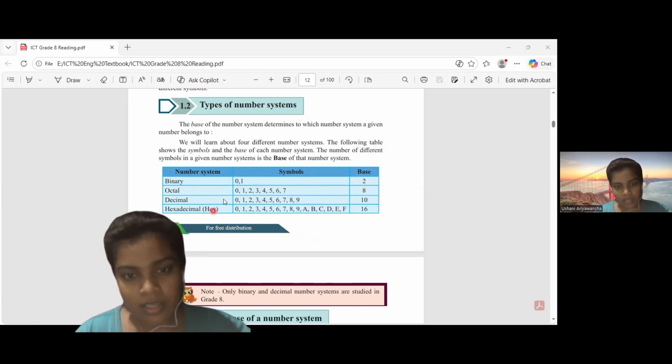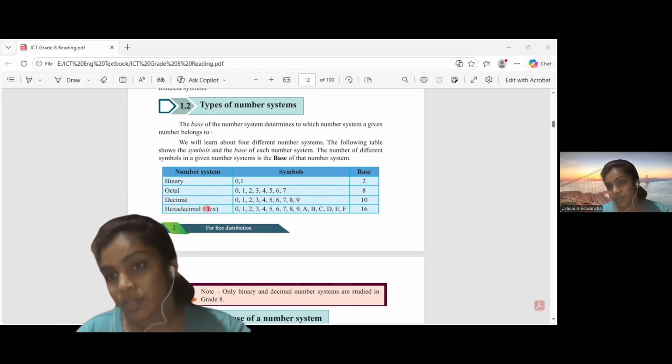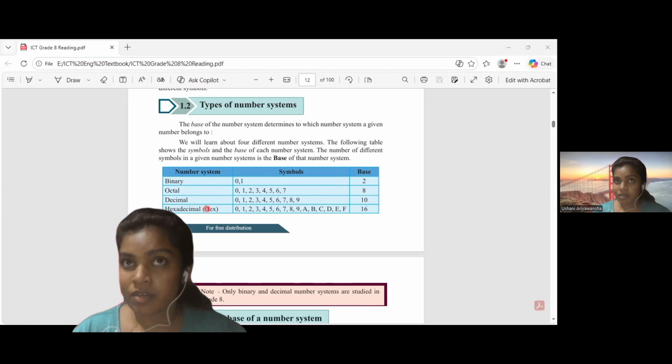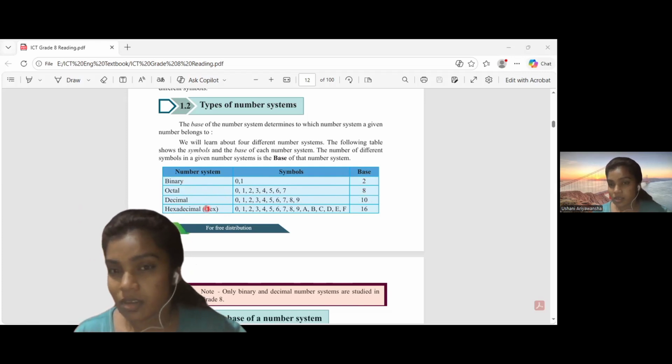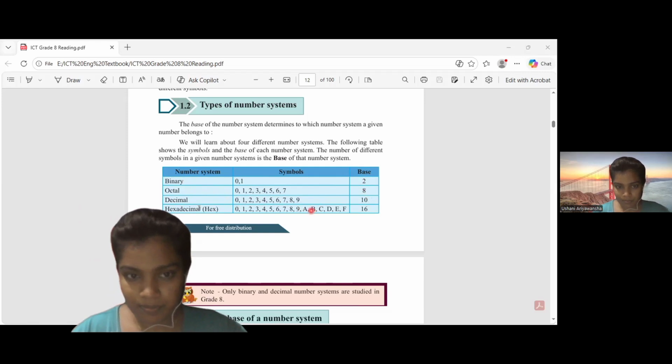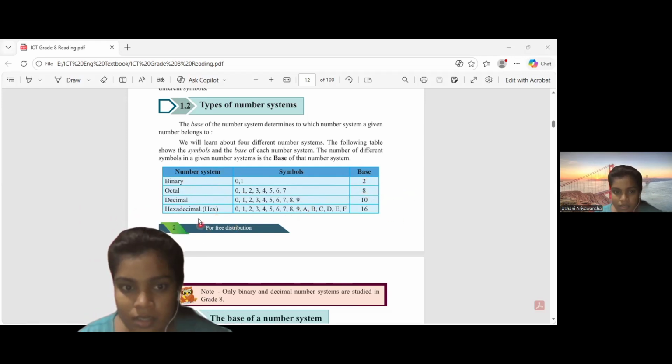Here in the decimal number system, you can see there are 10 different symbols, so the base is 10. Putte, the decimal number system is what we use in our math class for our calculations.